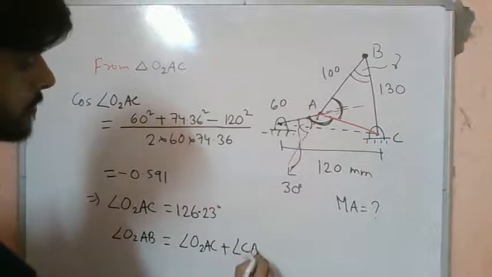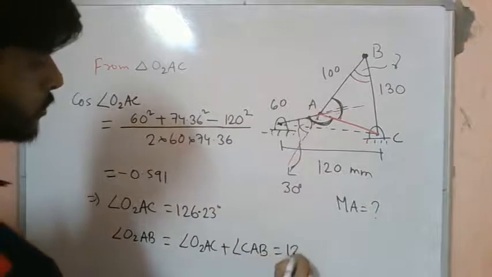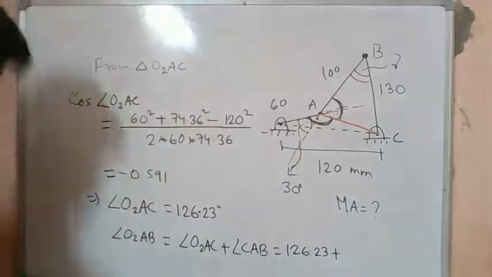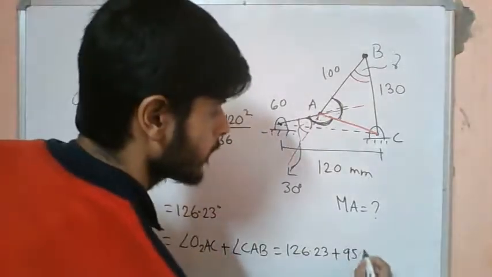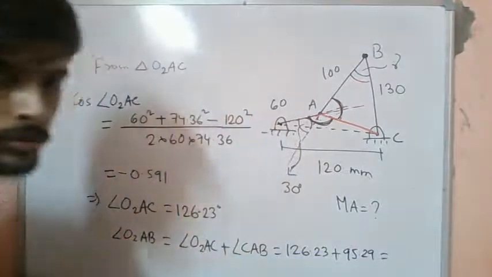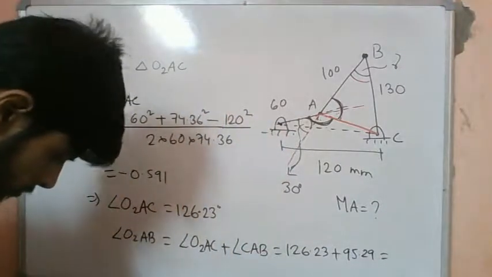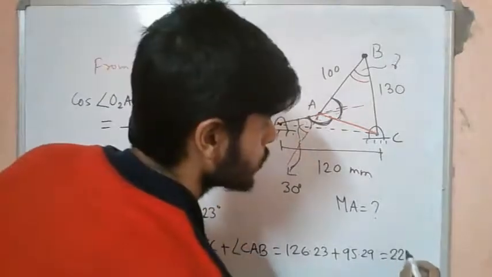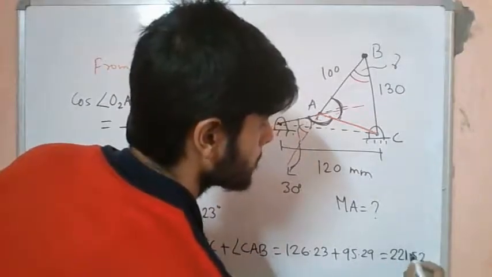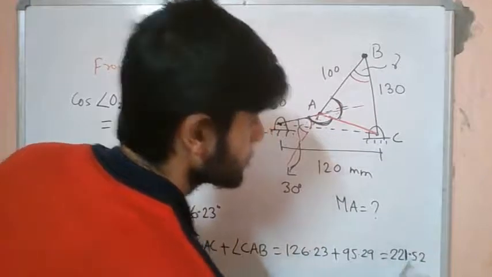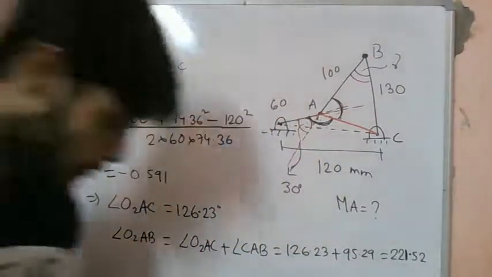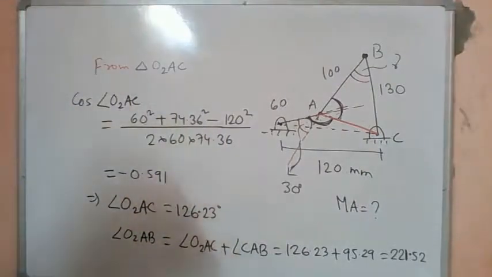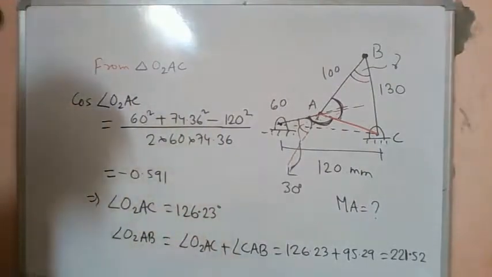This equals 126.23 plus 95.29, which is 221.52. Fine, so we have found out this angle.